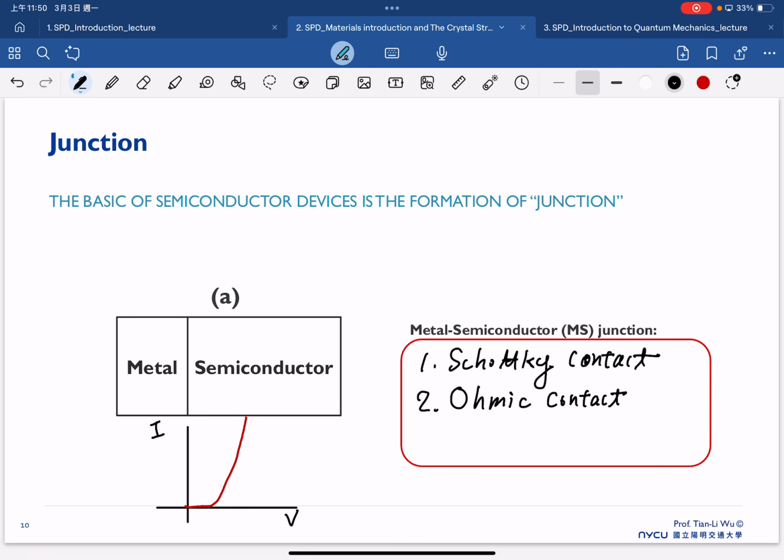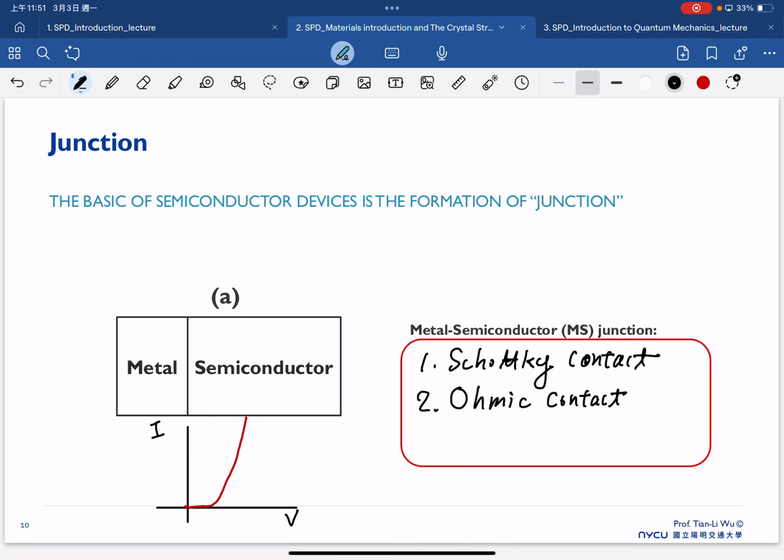So the ohmic contact is relatively straightforward for everyone, because if you have followed electronics or, sometimes I think, high school physics, we already know there's a rule called ohmic law.